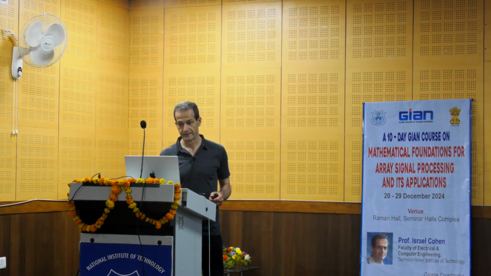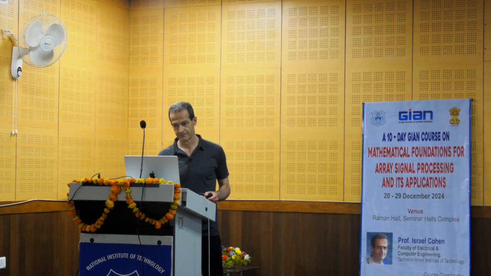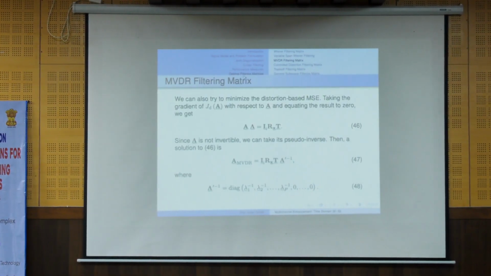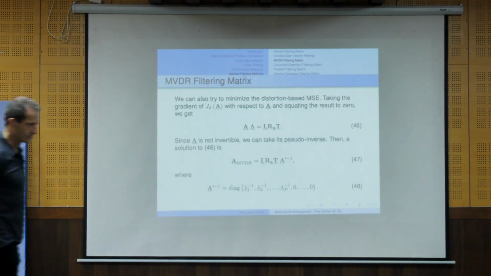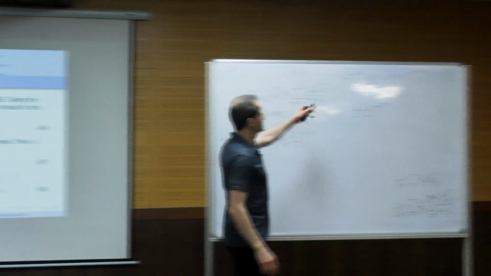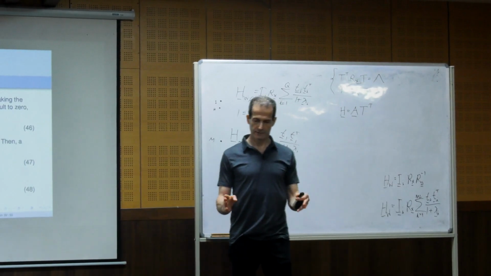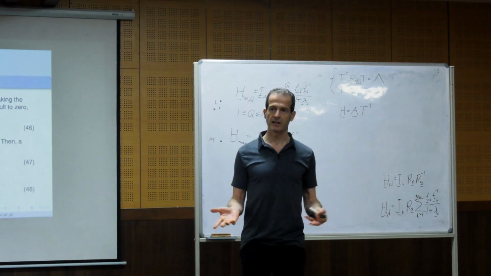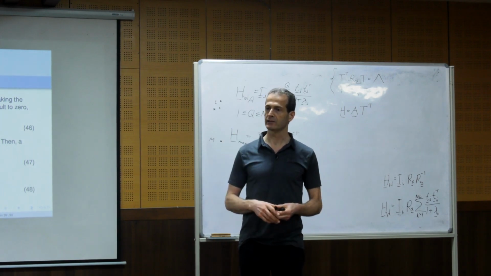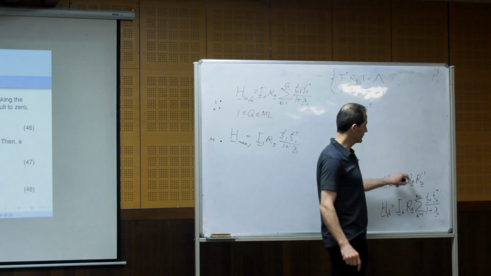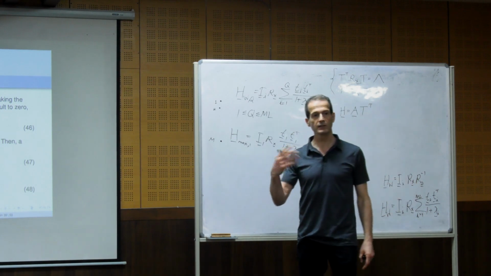Okay, good. Now we can move on to the MVDR. Okay, so the MVDR, what does it do? If we go to this transform domain, we know that the components of the signal are spanned by some P generalized eigenvectors, because the rank of Rx is P, a lower rank.